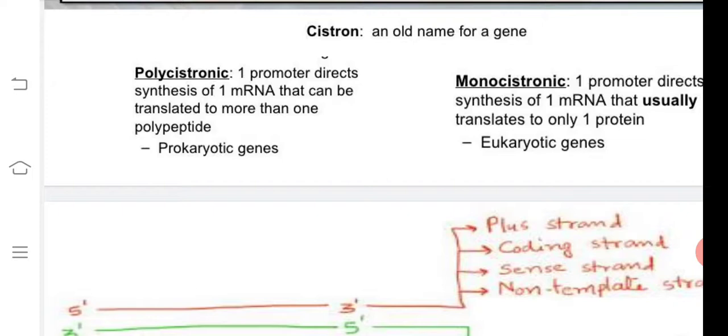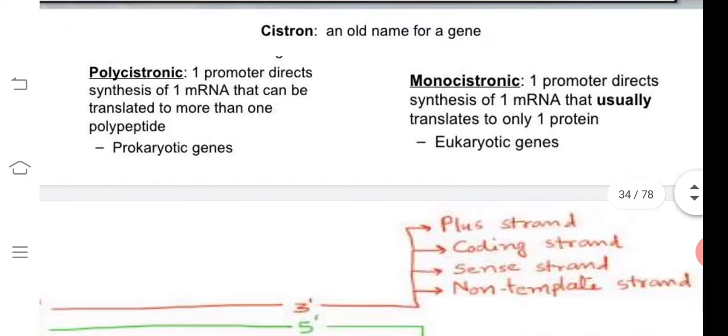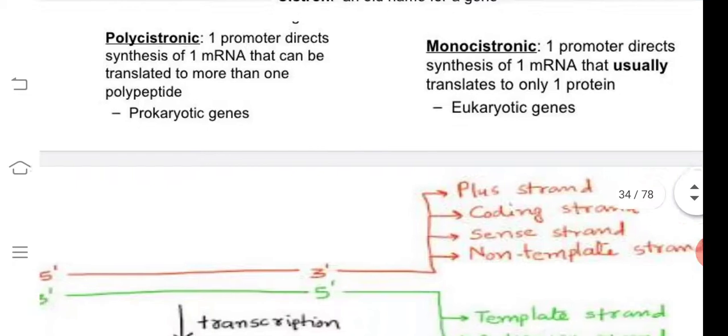Polycistronic, what does the word mean? The promoter directs the synthesis of one mRNA. That is seen in the case of prokaryotic genes. Monocistronic means it directs the synthesis of one mRNA that usually translates into only one protein.